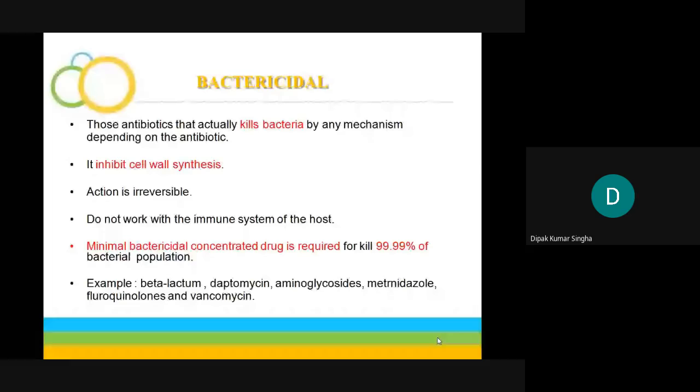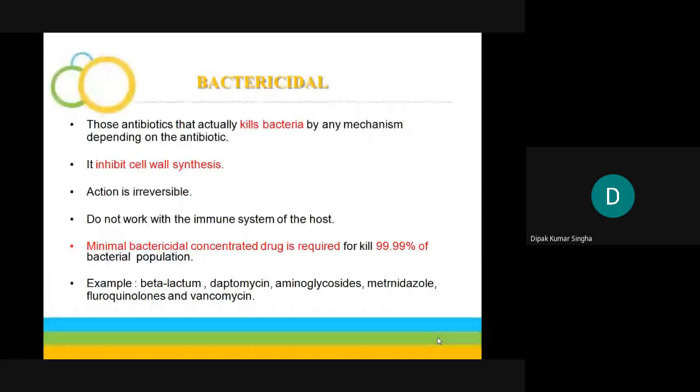That's why there are two classes, one is the cephalosporin and another is the penicillin. Under cephalosporin there are many drugs, from first to fourth generation, and in the case of penicillin, different types. Then daptomycin, and aminoglycoside, another chemical class, generally streptomycin, gentamicin, clindamycin, tobramycin. Another is metronidazole, which is antibacterial against both aerobic and anaerobic bacteria.